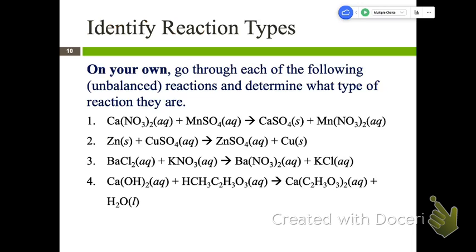So, go ahead now and work through each one of these. 4 on the next page. Question number 5. I want you to figure out what type of reaction they are. You can go ahead and balance them as well, if they are not balanced.